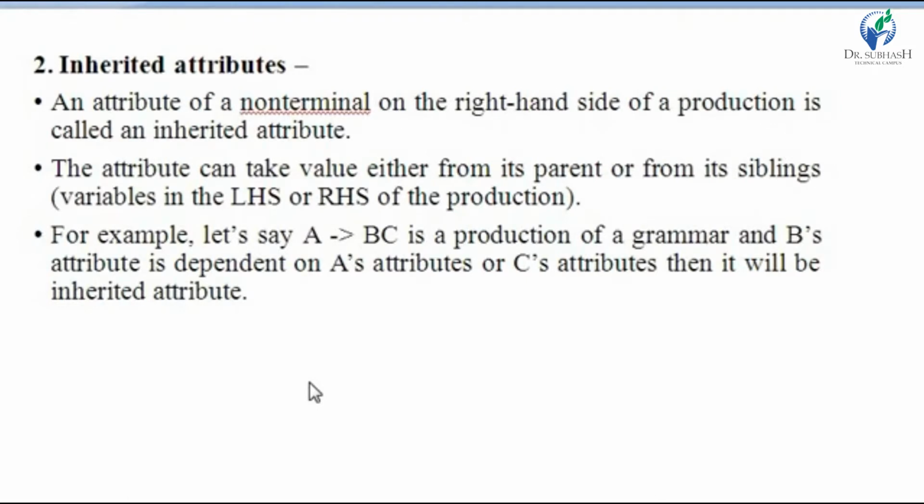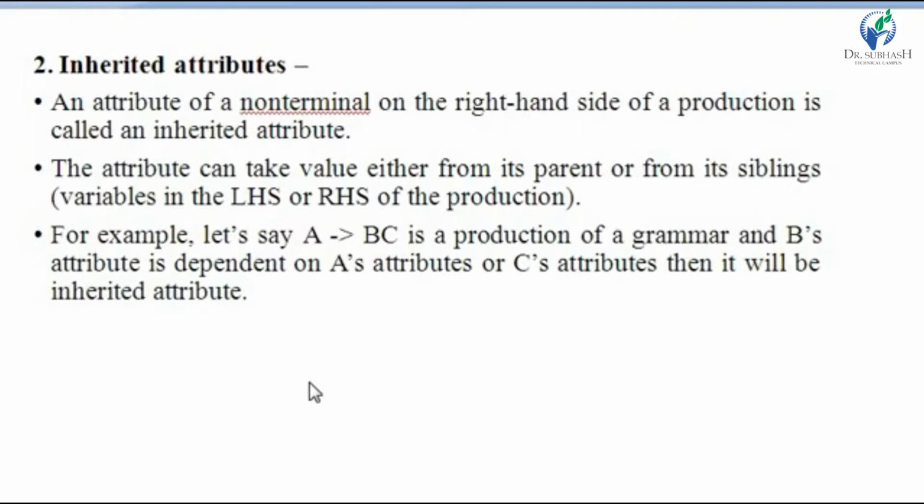Synthesized attribute versus inherited attribute. The value of a synthesized attribute at a node can be computed from the value of attributes at the children of that node in the parse tree, while the value of an inherited attribute at a node can be computed from the value of attributes at the parent and/or siblings of the node.